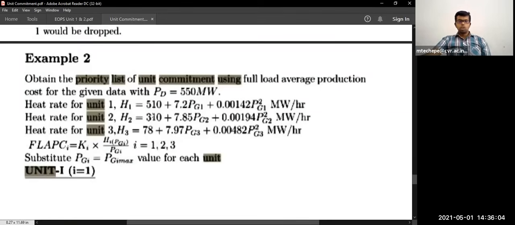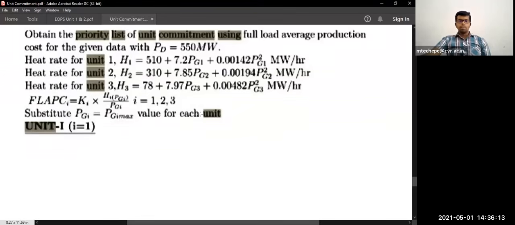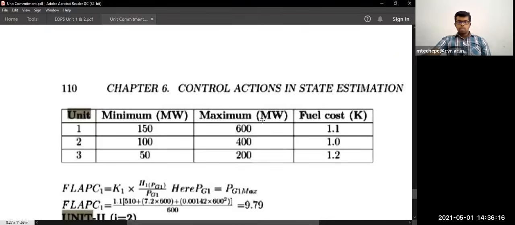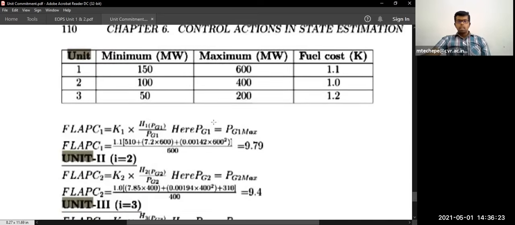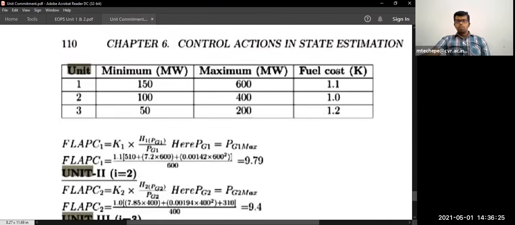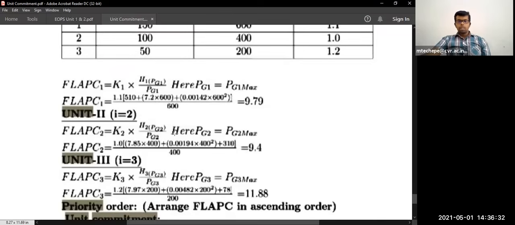H2 of Pg2 is equal to 310 plus 7.85 Pg2 plus 0.00194 Pg2 squared. So you substitute 400 here, and fuel cost K2 is given as 1.0, which you multiply. While doing all this calculation, you will get one answer, that is 9.4.